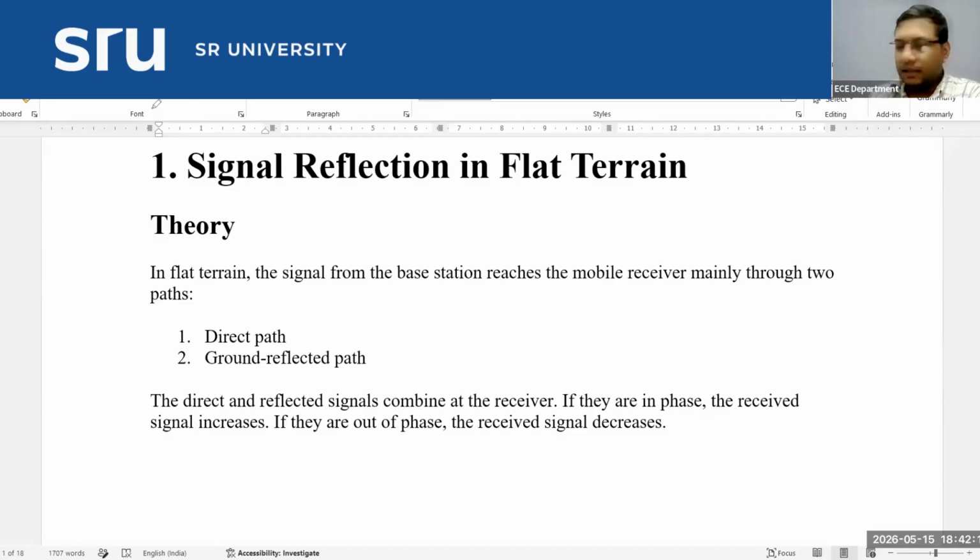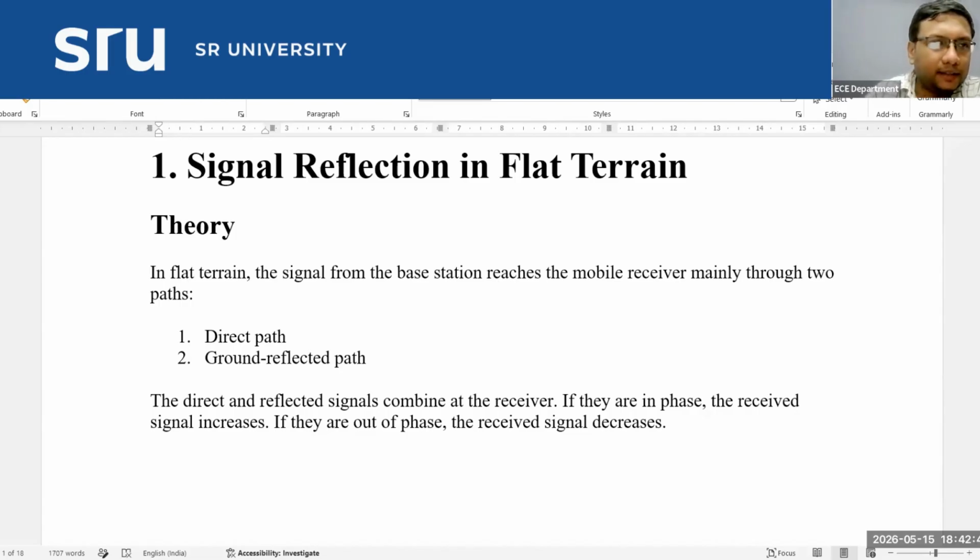So this is the starting point of this part: what happens when one transmitter and receiver are placed at a distance and in between there is a flat surface. So when the transmitter transmits, it reaches the receiver in two ways. One is direct, another is reflected from the ground. So these are the two concepts.